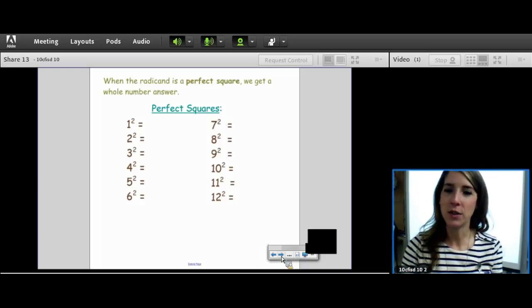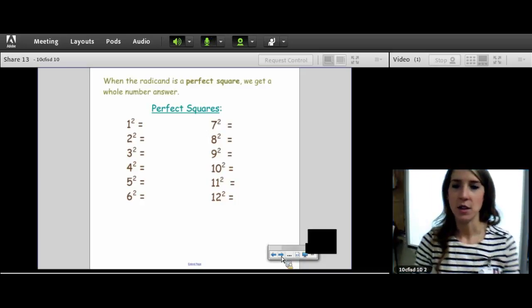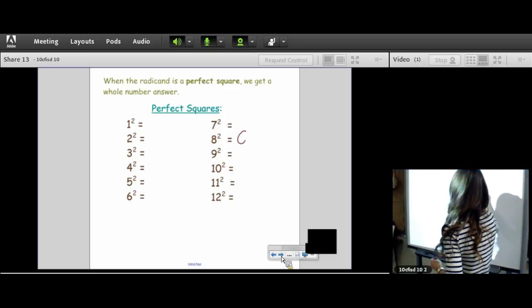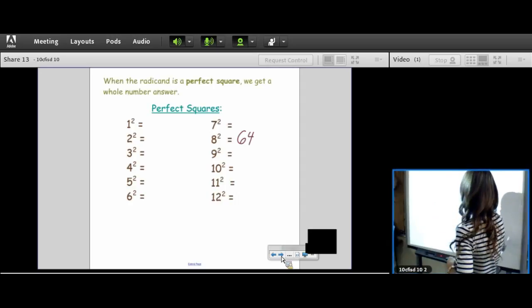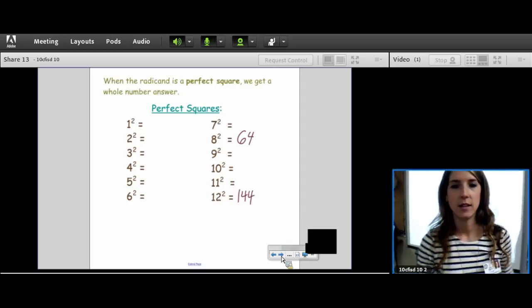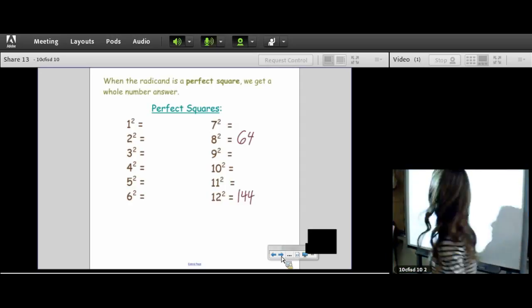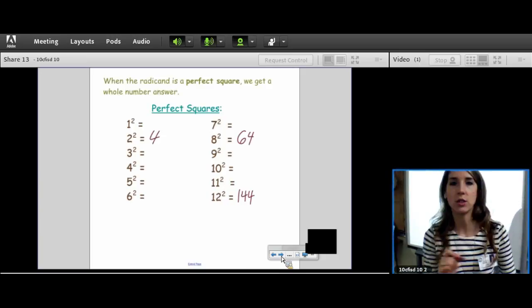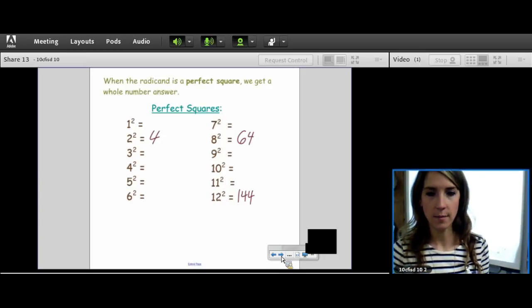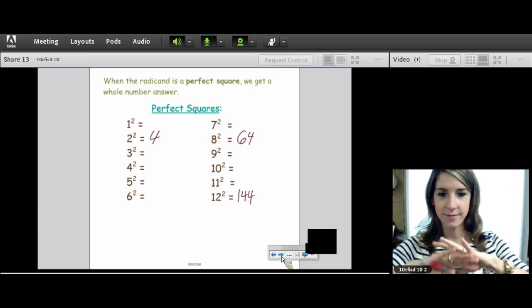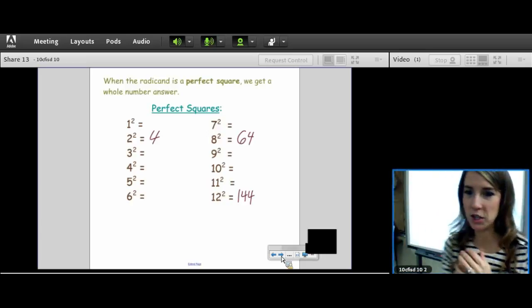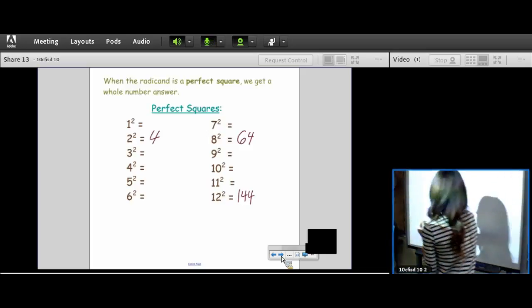So if I were to quiz you on random ones, what's 8 squared? You should be able to, boom, say 64. What's 12 squared? You should immediately think 144. 2 squared? 4. None of these should you enter into your calculator. None of them. They should be memorized, part of your wealth of knowledge in your brain, I guess. 6 squared, 36.